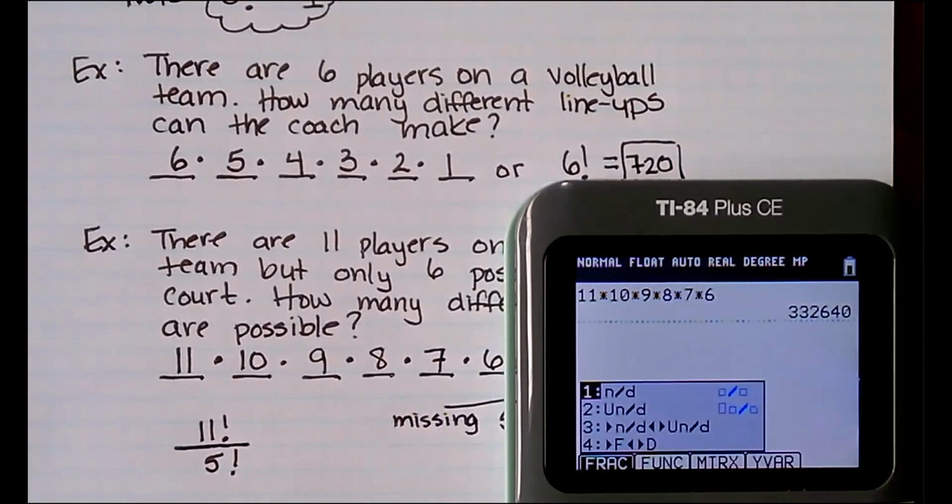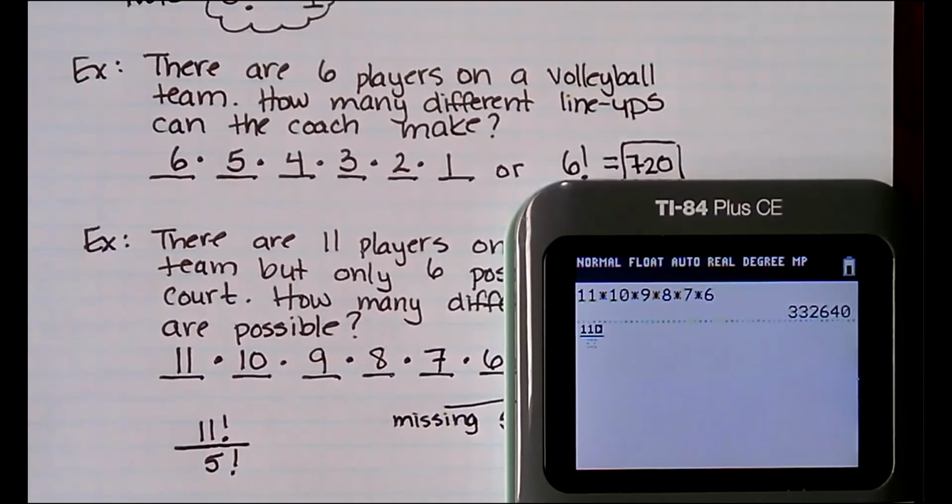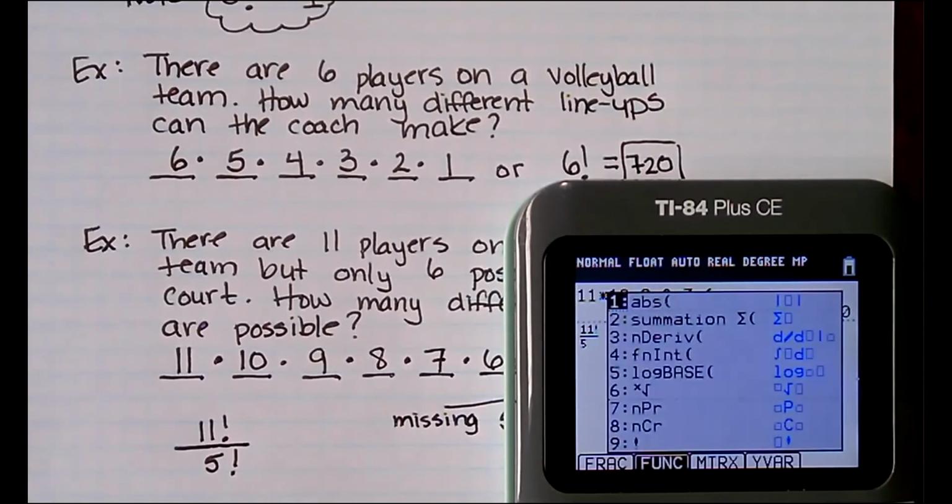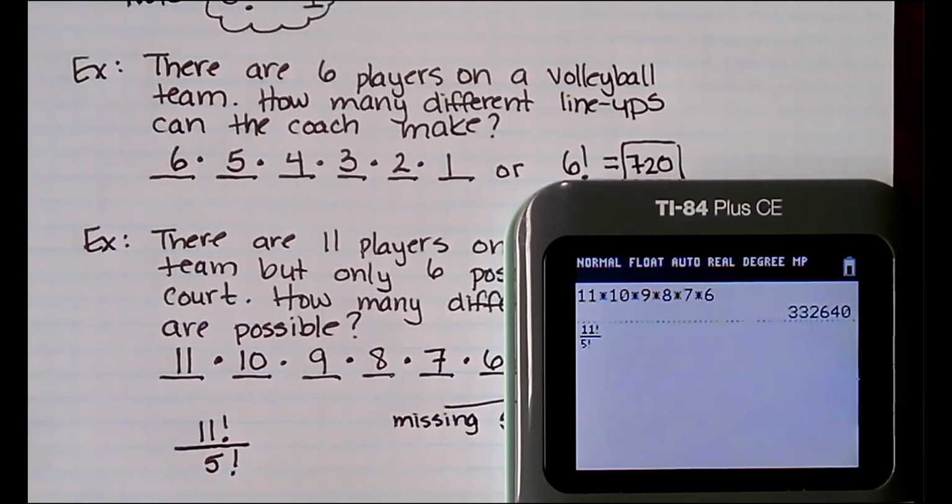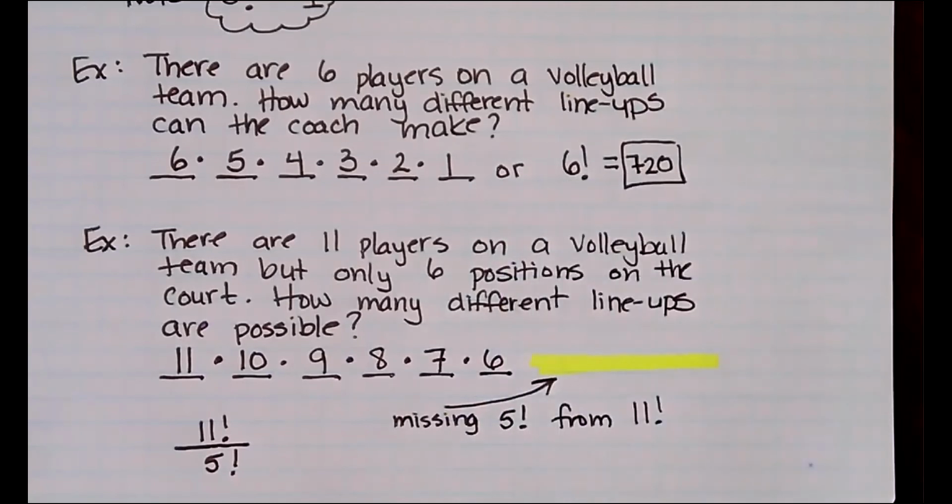And I put it in as 11 factorial over 5 factorial, because 5 people are not going to be picked. So I don't care about the order of those 5 people. You end up with the same answer. So now let's switch back to our worksheet and continue with this idea.